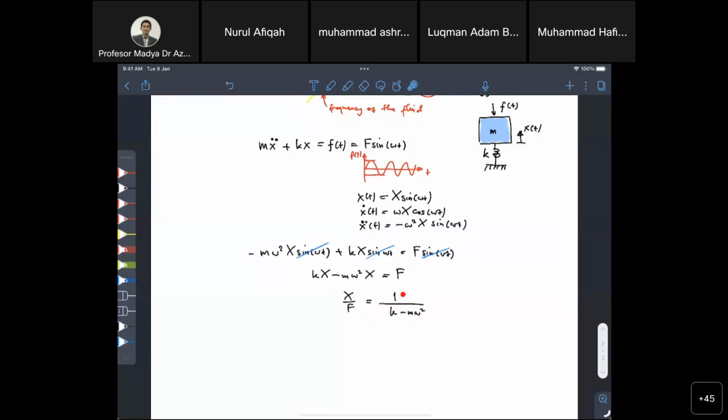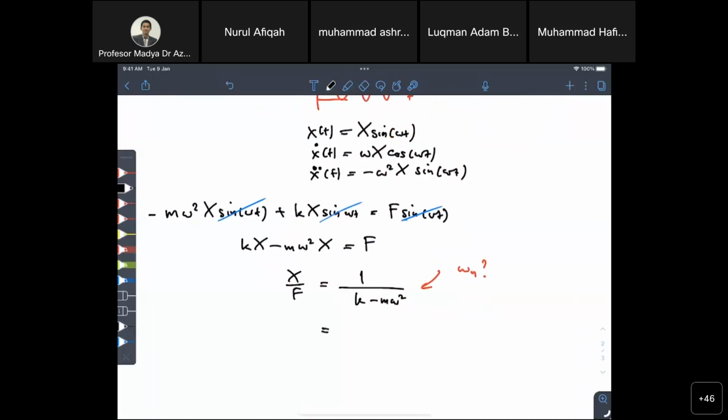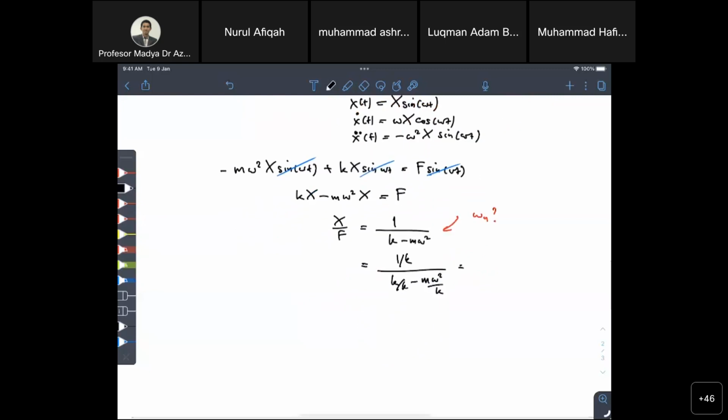Okay, so let's express this in terms of natural frequency. Can we put natural frequency here? We divide the top and the bottom by k. So on top we have 1 over k, and at the bottom we also divide by k, so you have 1 minus m omega square over k.